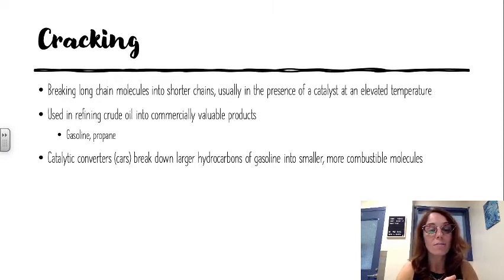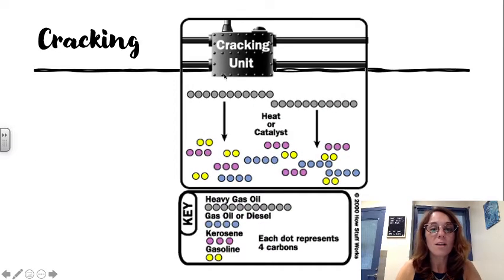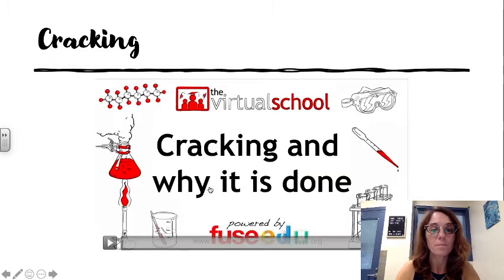Your catalytic converter, we've talked about this as well when we did kinetics very briefly, also takes the gasoline, which is a longer hydrocarbon, and breaks it down into smaller molecules that are much easier to go through the process of combustion. So here we've got these very long hydrocarbon chains represented by the gray circles, and then heat and a catalyst will break it down into these smaller compounds that are more usable and more combustible.